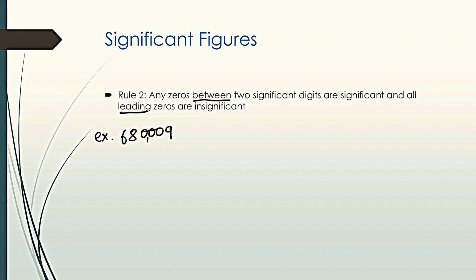So in this example, the number I've chosen is 680009. We've already seen that every digit that is not a zero is significant. And rule number 2 says that because I have 3 zeros between my two significant figures, 8 and 9, I have to count them as significant as well. And so in this case, the total number of significant figures in this example would be 6.